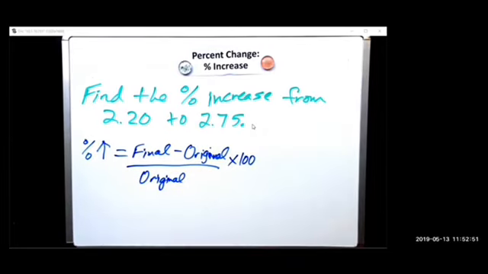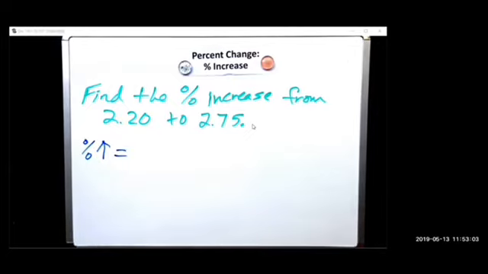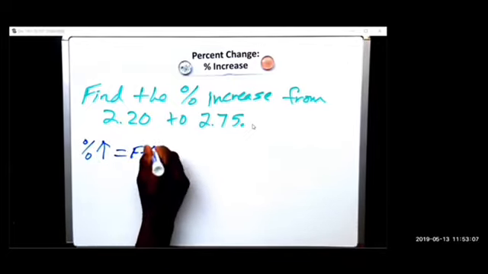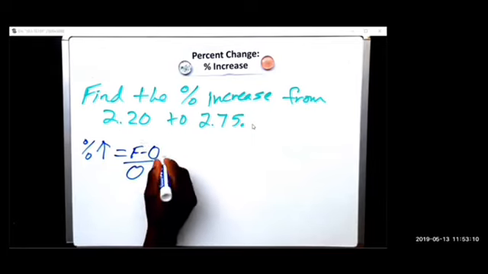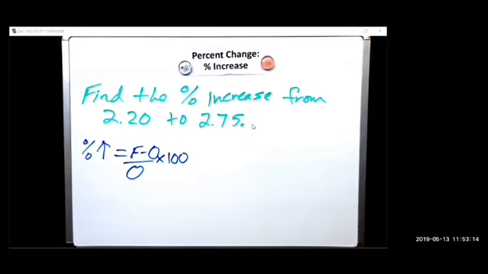That'll give us the percent. So we're going to use that formula: final minus original divided by original times 100. But I'm going to abbreviate it for the sake of space. Same thing, but I just wanted you to know what that meant.